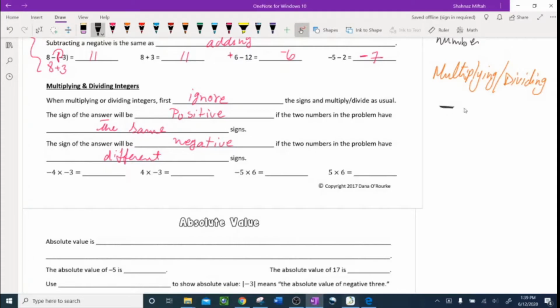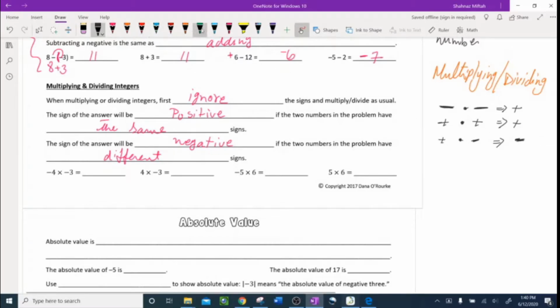Negative times negative gives me a positive answer. Positive times positive gives me a positive answer. Positive times negative gives me a negative.